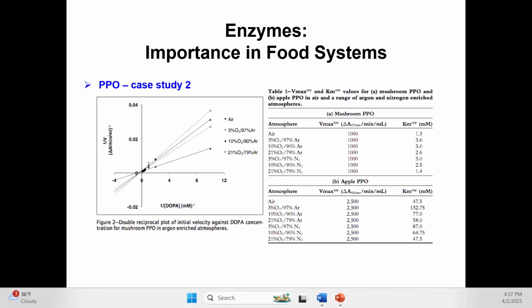Apparently, the presence of argon is a competitor to oxygen, and you can see here your Vmax does not change for these two types of polyphenol oxidase, but the Km value in the presence of argon increases in both cases.